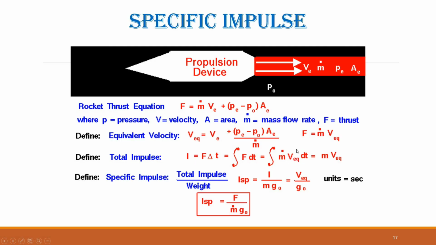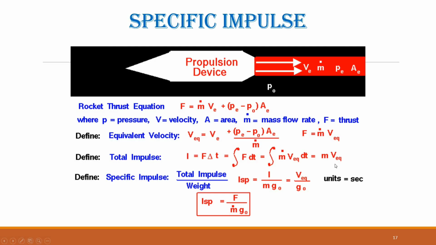Assuming V equivalent remains constant over the burn time, the integral simplifies to total impulse equals total mass of the propellant consumed multiplied by equivalent velocity, where m is the total mass of the propellant consumed.